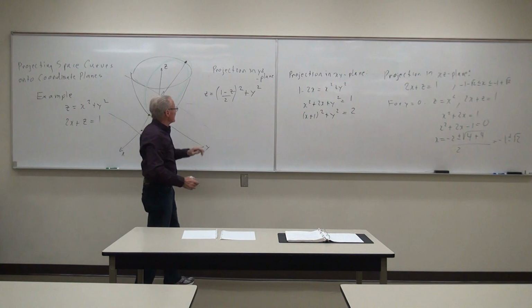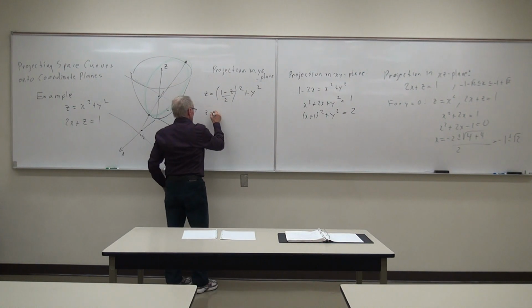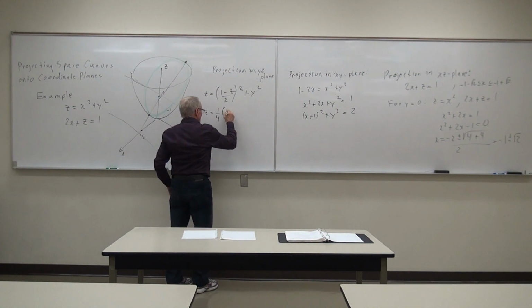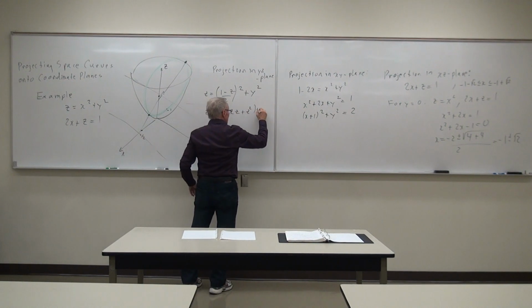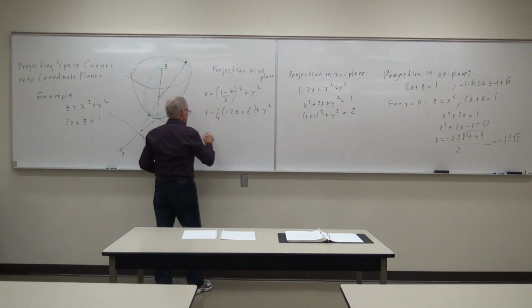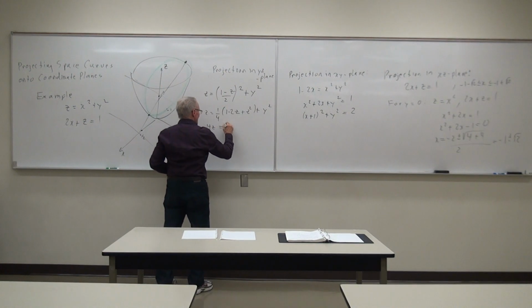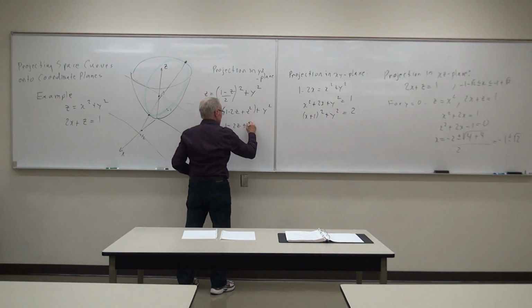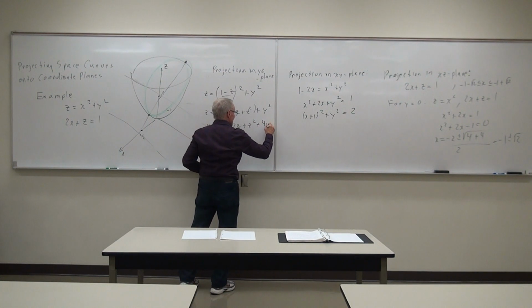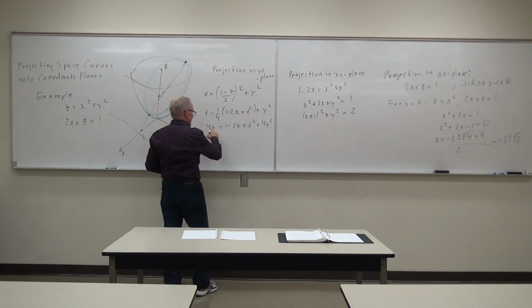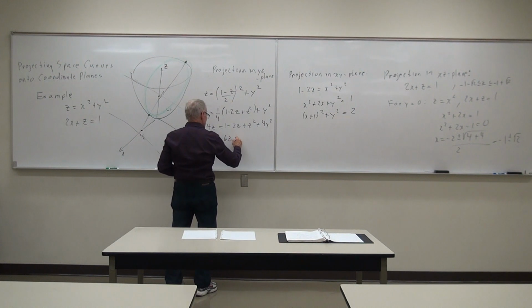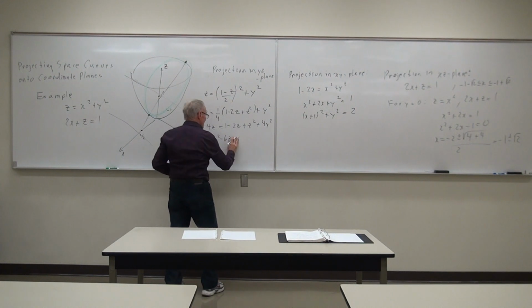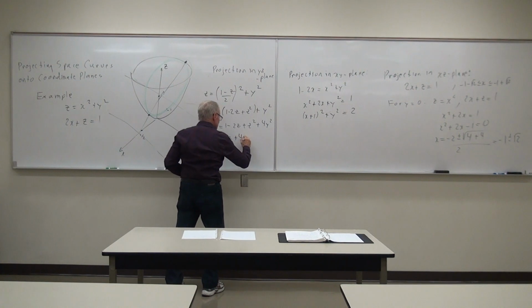Why don't we square this up? Z is equal to 1 over 4, (1 minus 2z plus z squared) plus y squared. Let's multiply by 4: 4z equals 1 minus 2z plus z squared plus 4y squared. Want to bring the z's together? Z squared minus 6z plus 1 plus 4y squared is equal to 0.